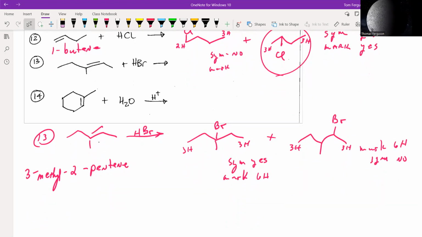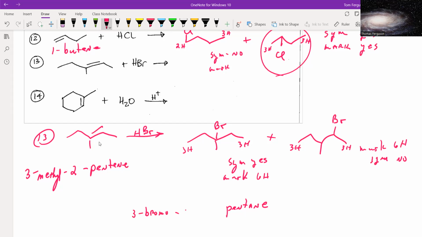And then we need to name these guys. So this is going to be a pentane at 3-bromo, 3-methyl.